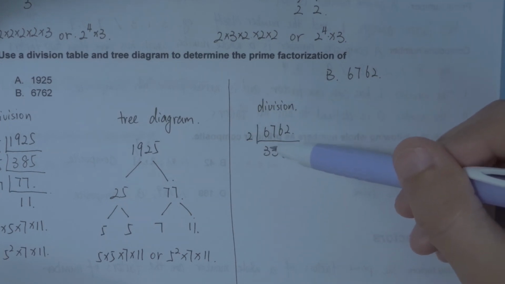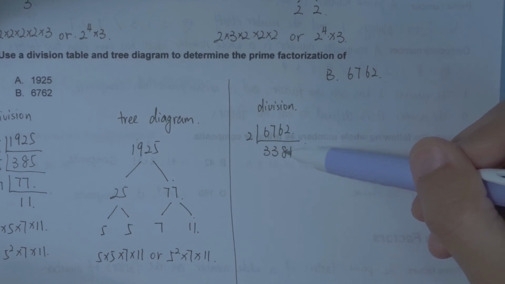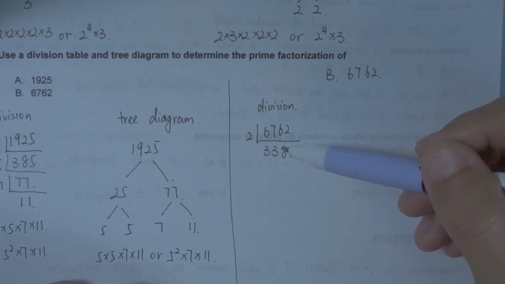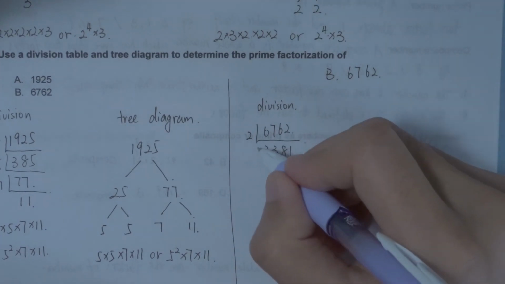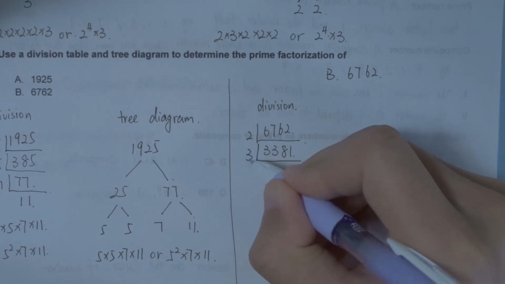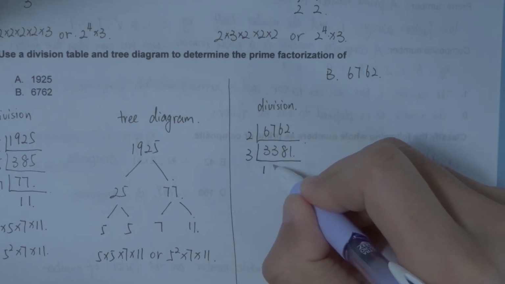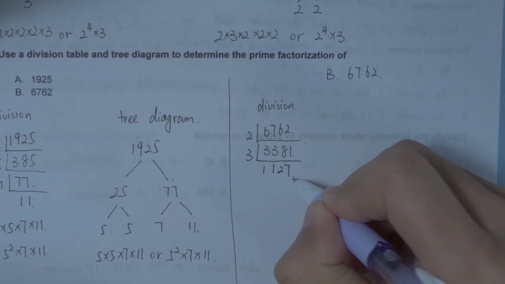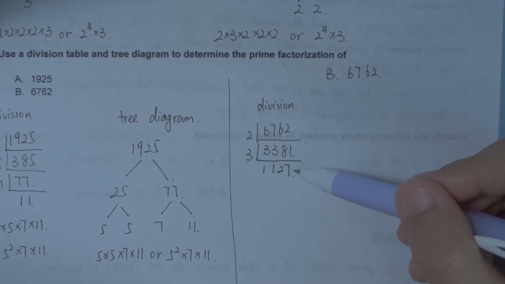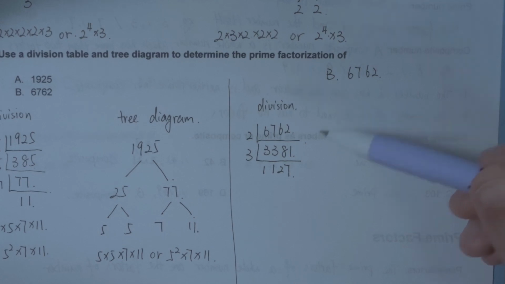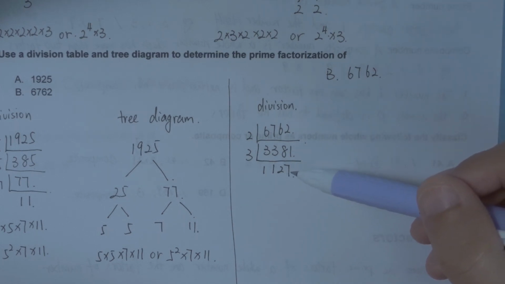We add the digits: 3 and 3 is 6, plus 8 is 14, plus 1 is 15. So this number is definitely divisible by 3, and dividing by 3 we get 1127. For this one, if we add all the digits together it's 11, and it's not divisible by 3.